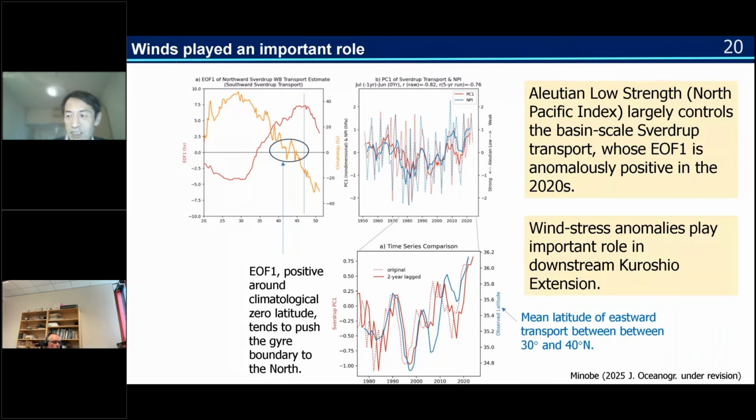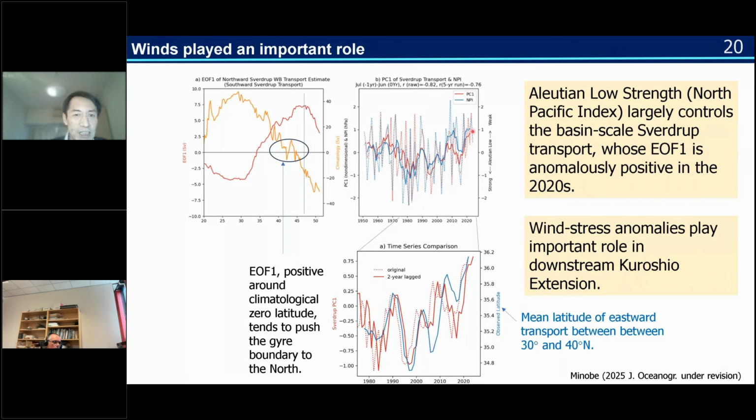The dashed line is raw data, and the solid line is a 5-year running average. So this is very closely related to the North Pacific Index, so the Aleutian low. In the recent condition it is very positive. This EOF1 is associated with the weakening of the Aleutian low.